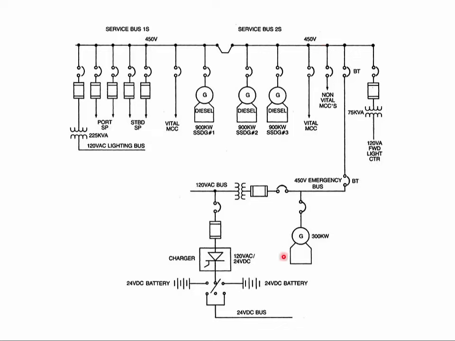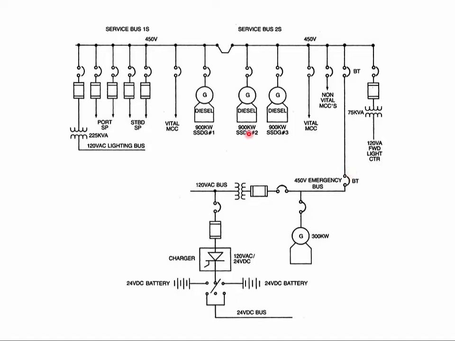Then it will start the diesel generator up, and it will close the emergency generator disconnect to power up the emergency board and all the supplies on that. So the main switchboard will stay dead because the power is stopped here by this open breaker.